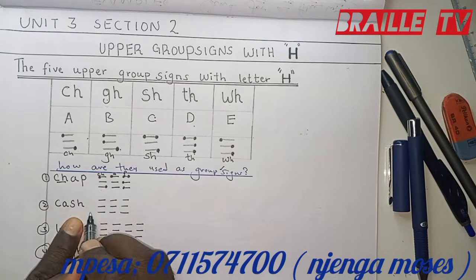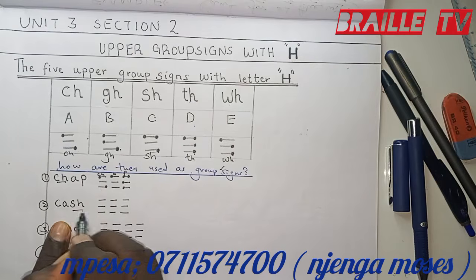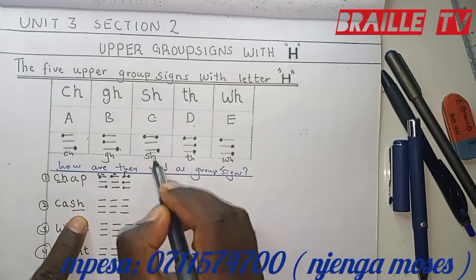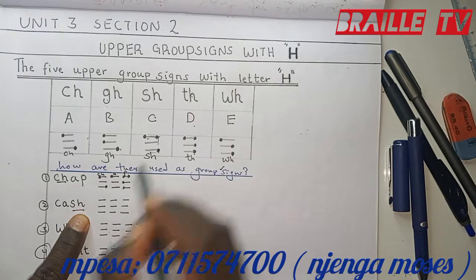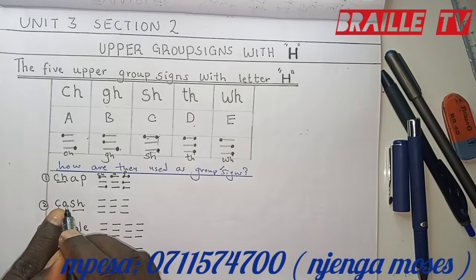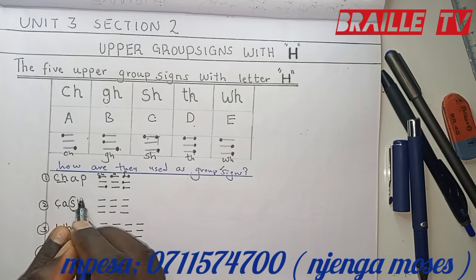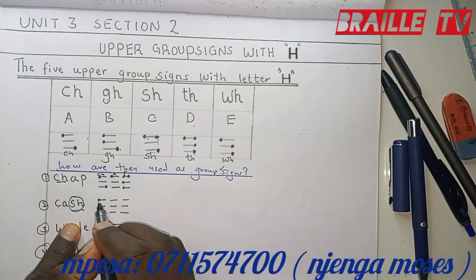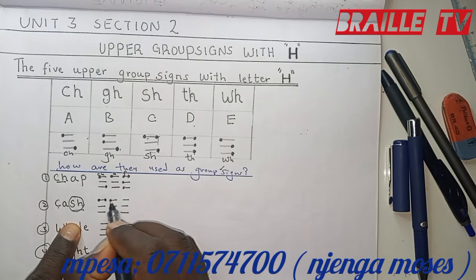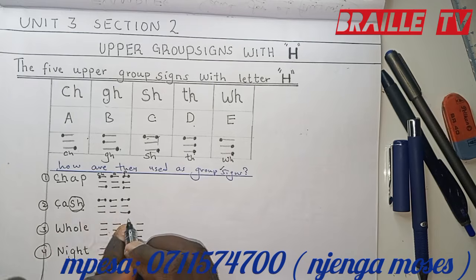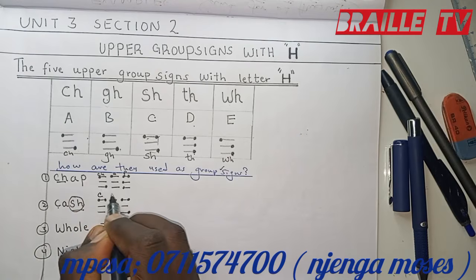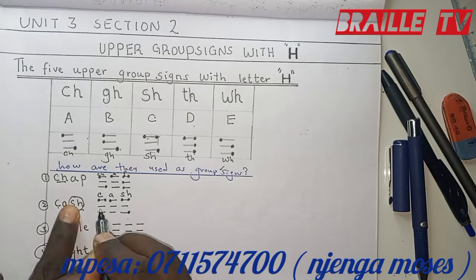Cash: you can see there's SH here, and we said SH is C plus dot 6. So you spell out C, you spell out A, and then you contract SH, as simple as that. So this is C, A, and SH, the word cash.